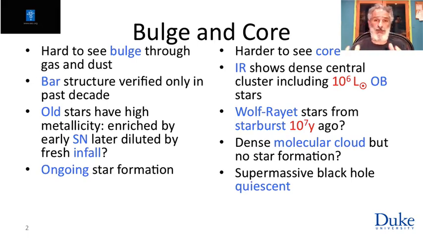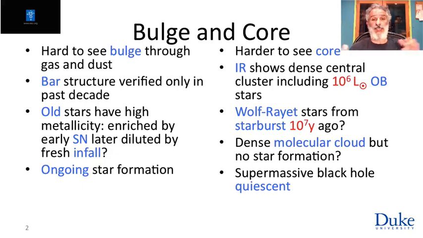The interpretation that we put on this is that presumably early in the galaxy's history there was a burst of star formation in the bulge. This formed many hot large stars which exploded as supernovae, enriching the bulge region in metals, and therefore subsequent stars that formed shortly thereafter were metal rich.